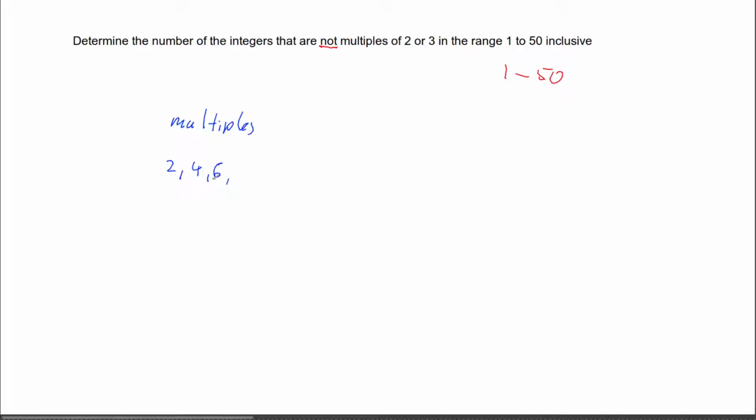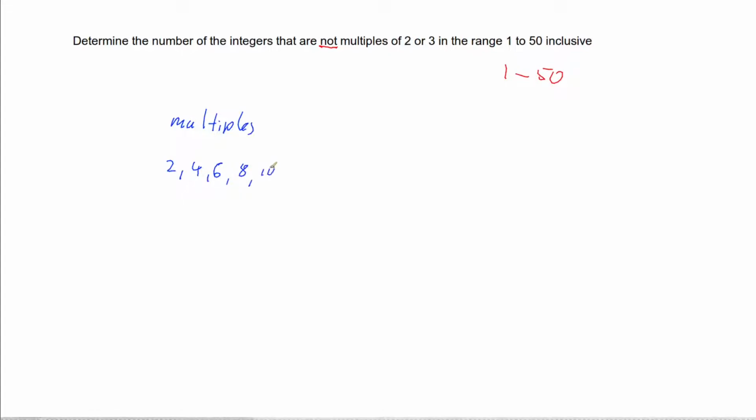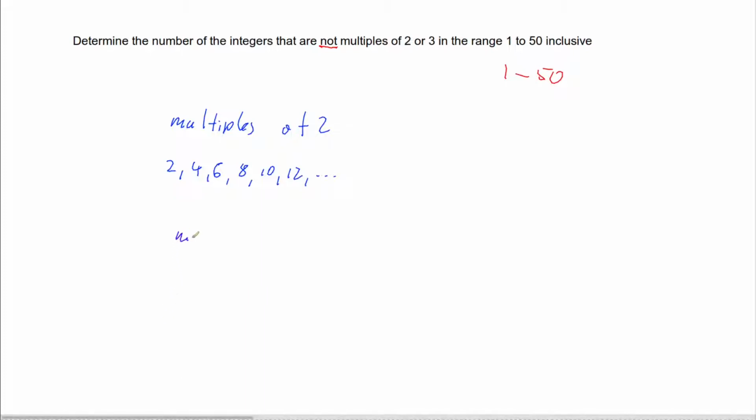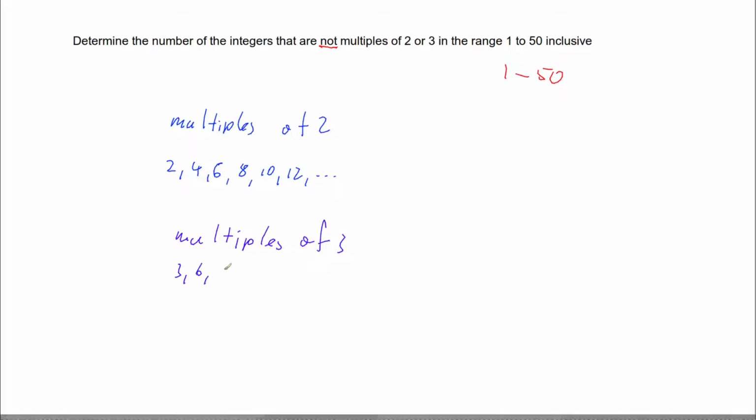It's basically counting in twos: 2, 4, 6, 8, 10, 12, and so forth. And our multiples of 3 are going to be the same, but just doing it with 3. So we've got 3, 6, 9, 12, 18, and so on.